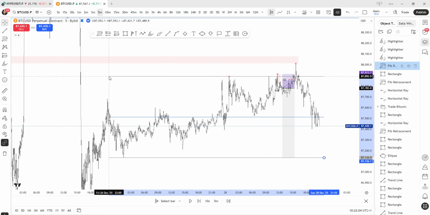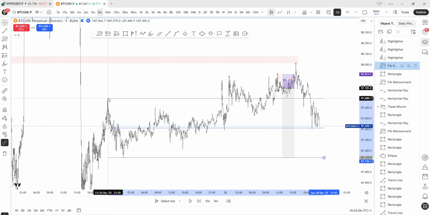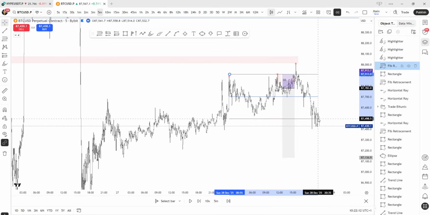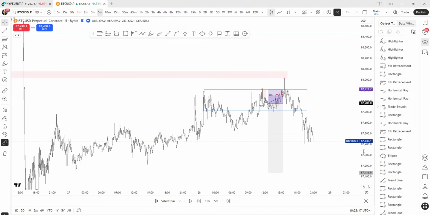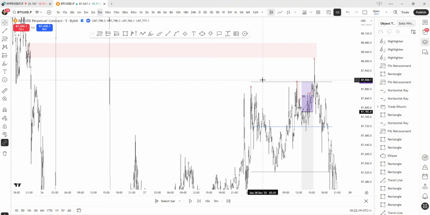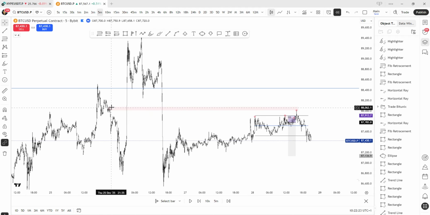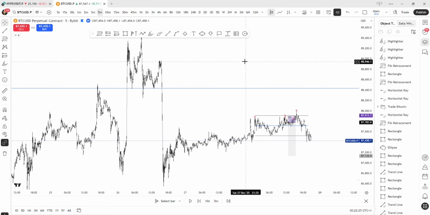And we deviated, but then I saw this range and it was, for me, very nice, building up here, and we had here this big inefficiency. Here was a little breaker block, we front ran.